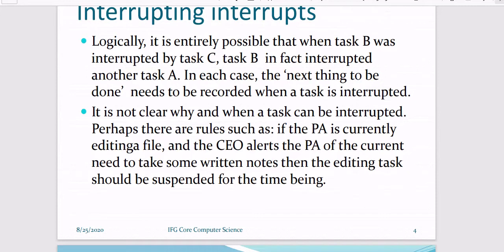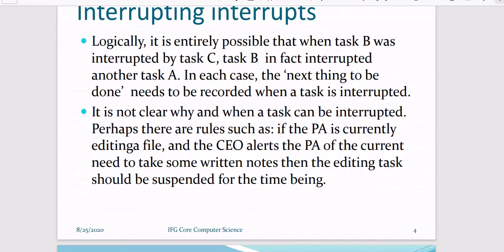But task B might itself be interrupted by the requirement that task C is performed, in which case I've got to do exactly the same thing I did with task A, namely record the point at which I'd got up to in performing task B, and the knowledge that it was task B rather than task A that was being interrupted.